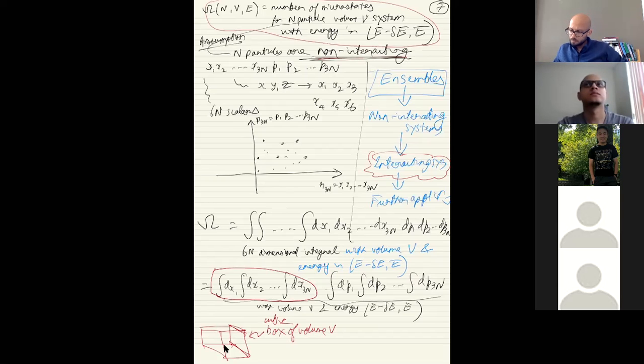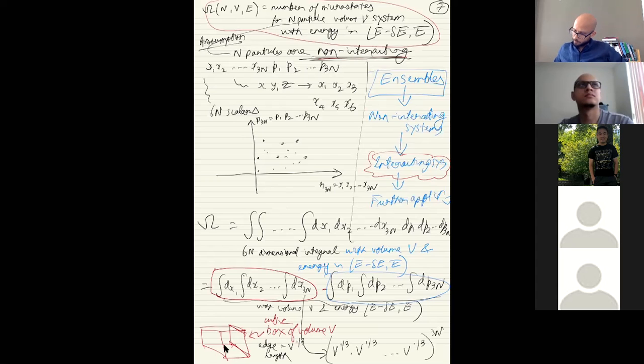In that case, this part of the integral can be separated from the second part of the integral. There is no interaction between them. Furthermore, we can actually write down this part of the integral explicitly. How? Because if the box is of volume V, then each edge is of length V to the power 1 by 3. So each integral here is going to give us V to the power 1 by 3 multiplied by V to the power 1 by 3 multiplied by V to the power 1 by 3, and we have 3n such integrals.